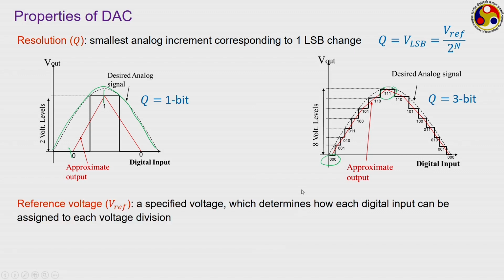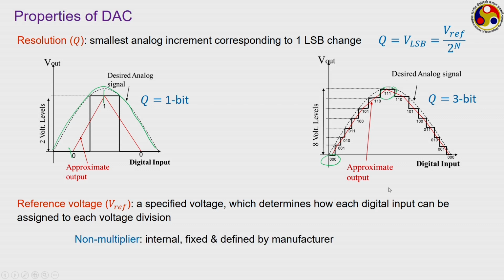Then the reference voltage. The reference voltage which we have already used for calculating the resolution is itself a term of importance, because it is a specified voltage which determines the magnitude of the resolution. It determines how much voltage we are going to assign to each digital level. So, the higher the value of V reference, definitely the higher will be the resolution.